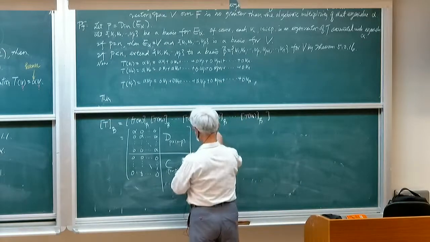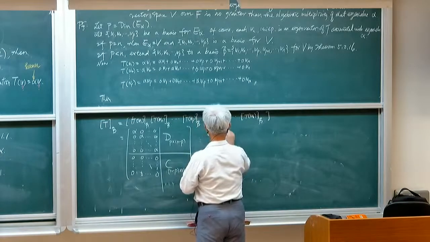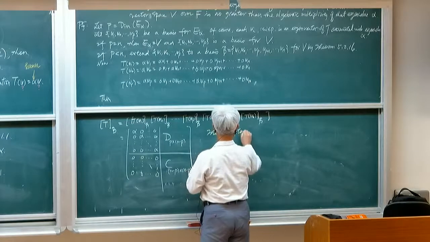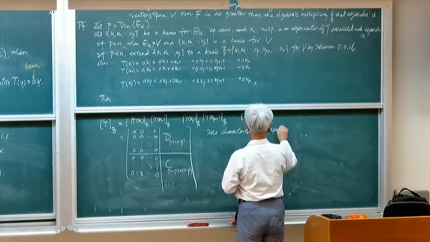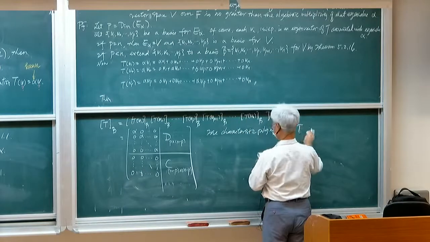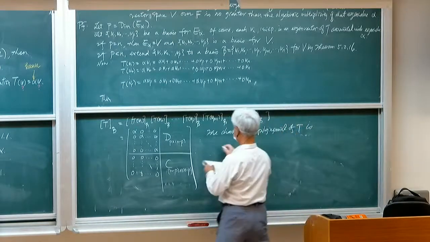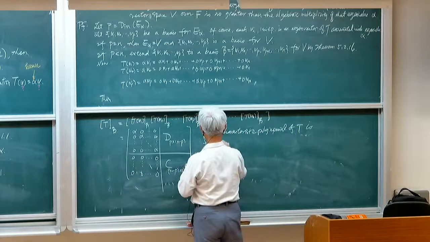Now, the characteristic polynomial of T, we call f of lambda.